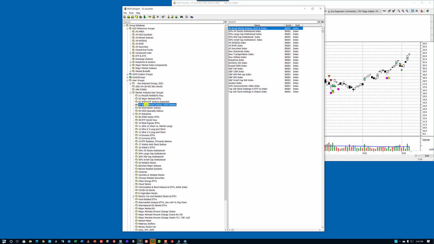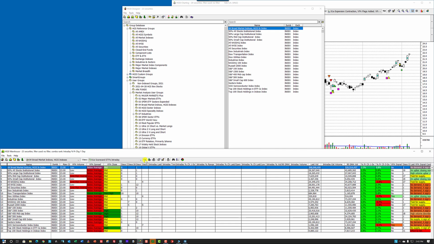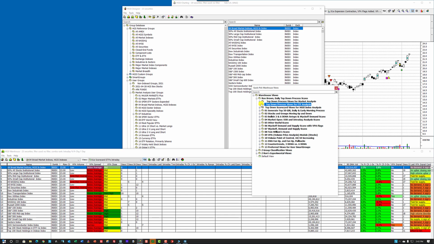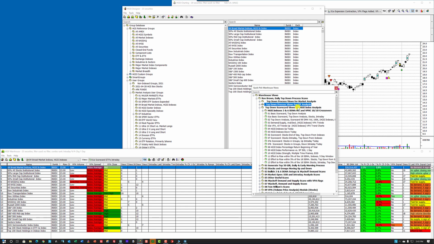So, okay, that's finished. So I'm going to click through to my warehouse views, and then I have to go up. These are indexes that are created by HGSI, so I go up to this folder right here, top-down scorecard views for HGSI analysis.